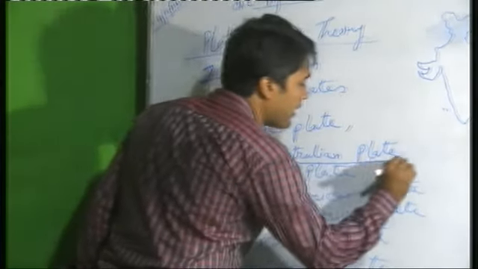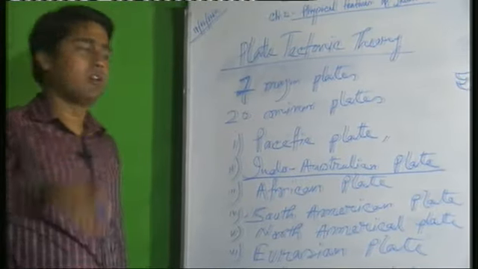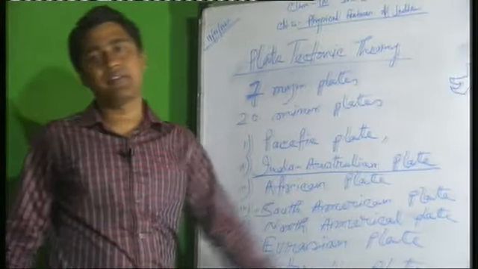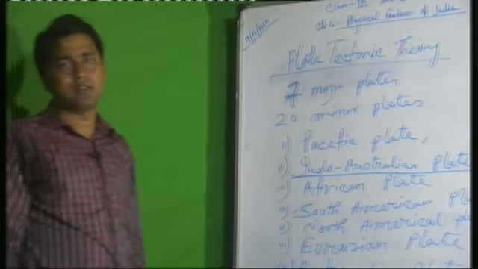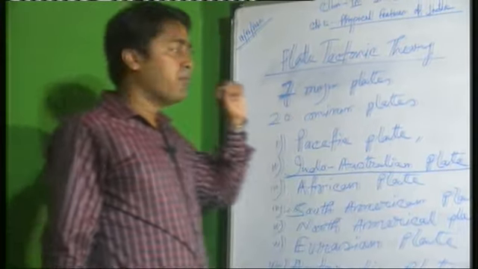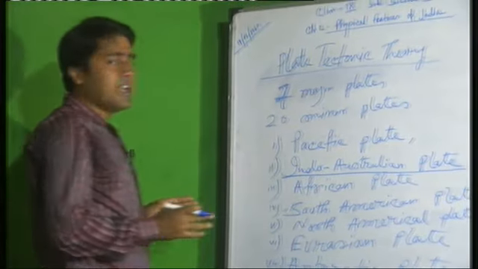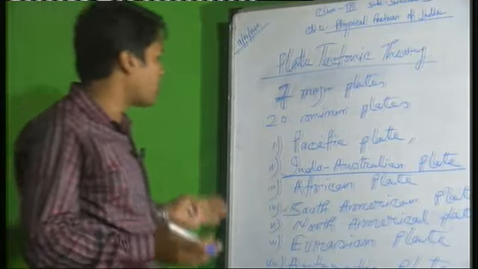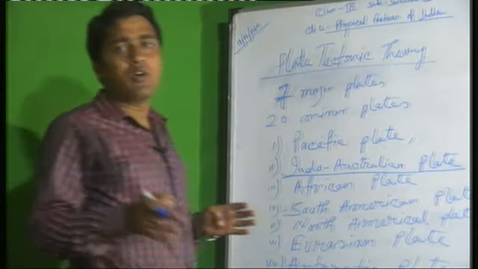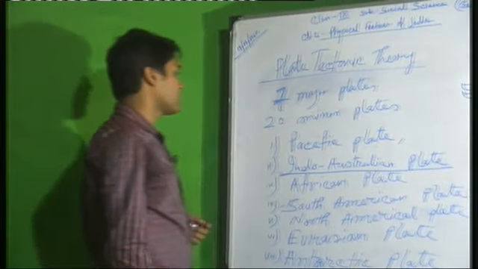Our country India and Australia are situated on this Indo-Australian plate. That's why it is important. So the Indo-Australian plate is a large size or major plate, where India and Australia both are situated.